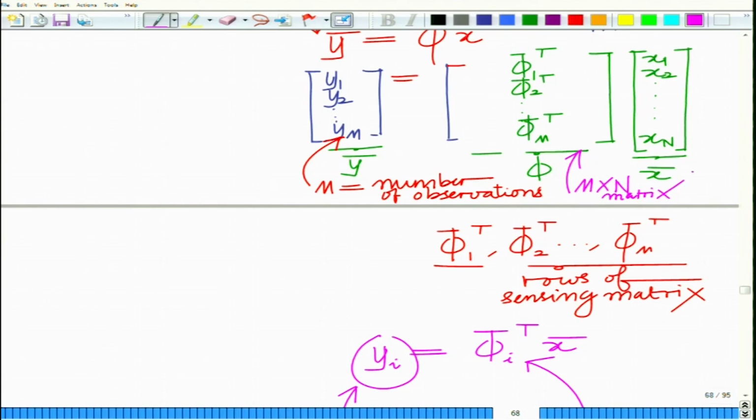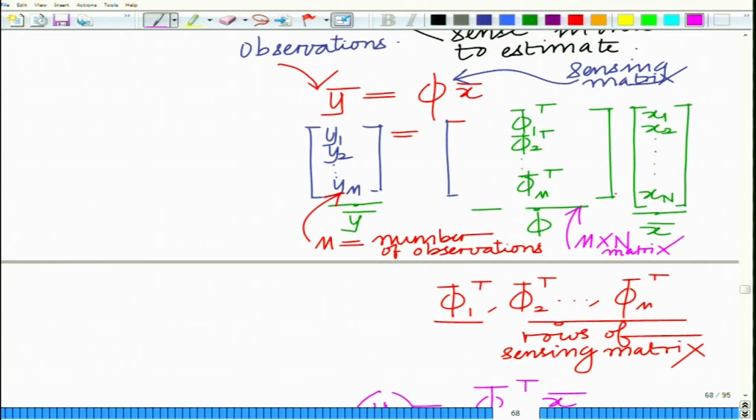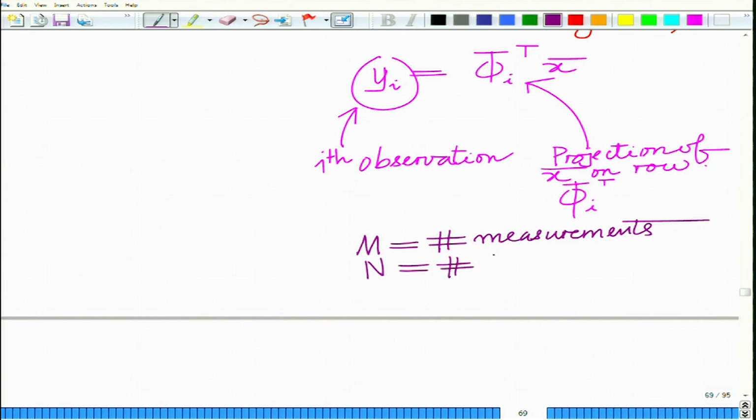We are trying to estimate the signal vector x bar, and m is the number of observations or measurements, and n is the number of unknowns.